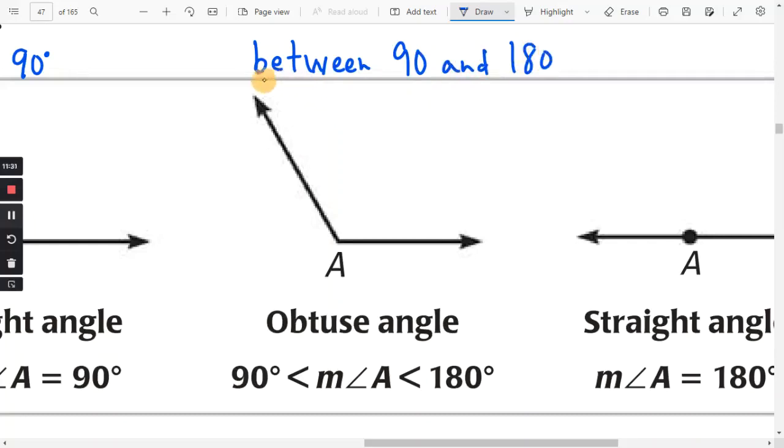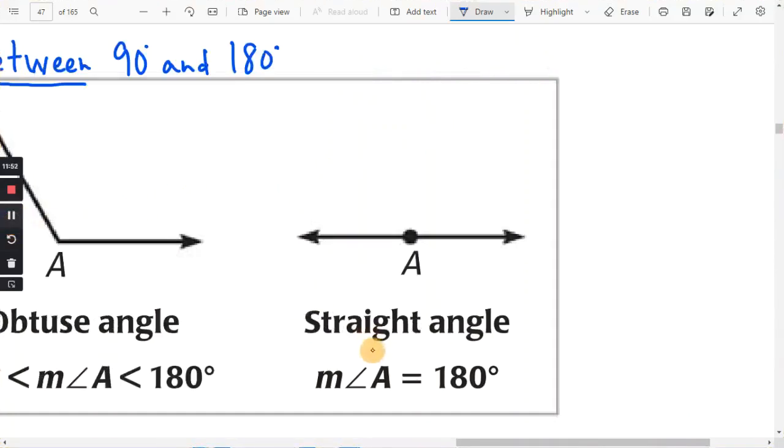It has to be between. It can't be 90 because that's the right angle, and it can't be 180 because that's a straight angle, which we're going to do in a minute. So obtuse is between 90 and 180. And those are both in degrees.